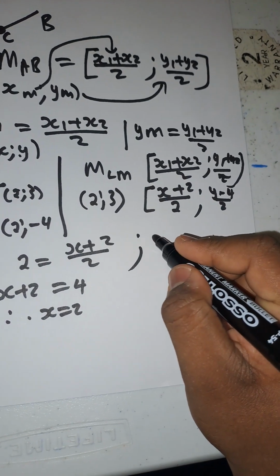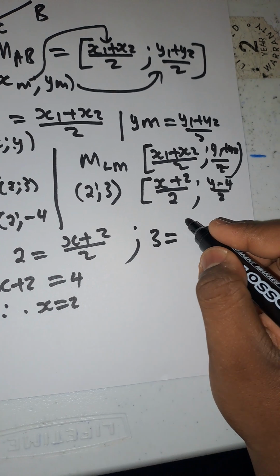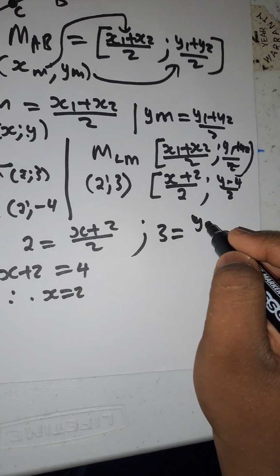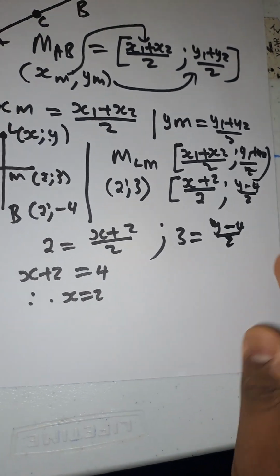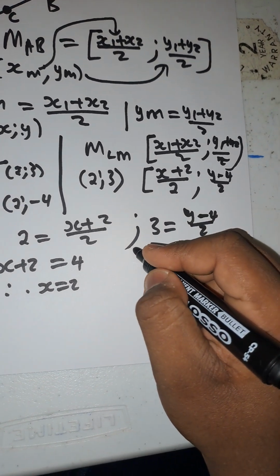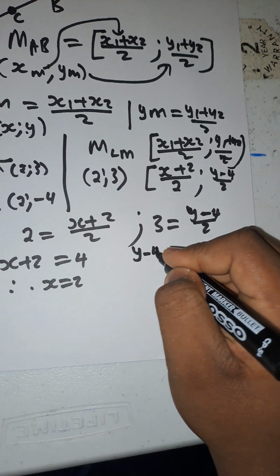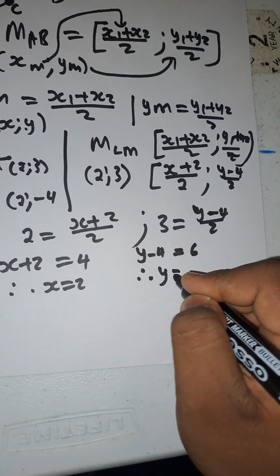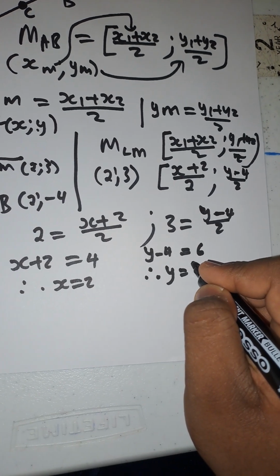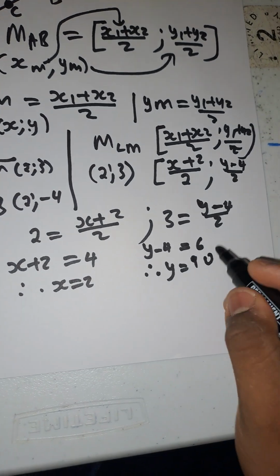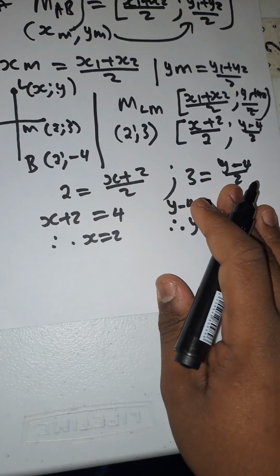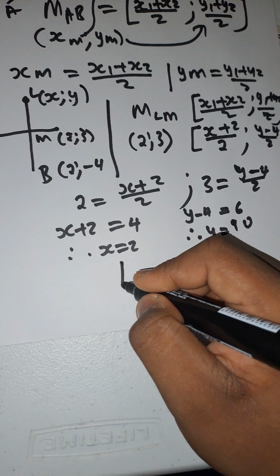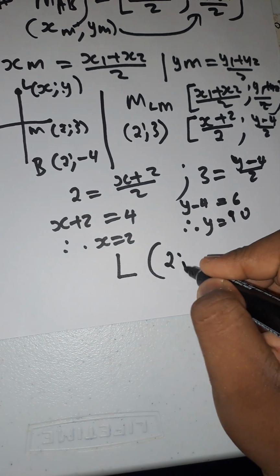We are going to say 3 is equal to y minus 4 over 2, then cross multiply, y minus 4 is equal to 6, therefore your y is equal to 10, because the 4 when it goes to that side is changed. So the point L is 2 and 10.